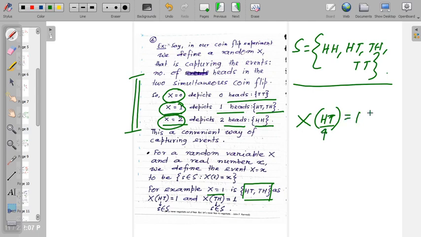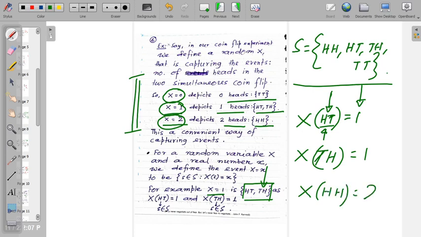Whenever I pass this elementary event HT, it satisfies that the number of heads is 1, so X is 1. If I pass TH, then also it will be 1. That's why X equal to 1 comprises HT and TH. But if I pass HH, then it maps to the number 2. Okay, right?